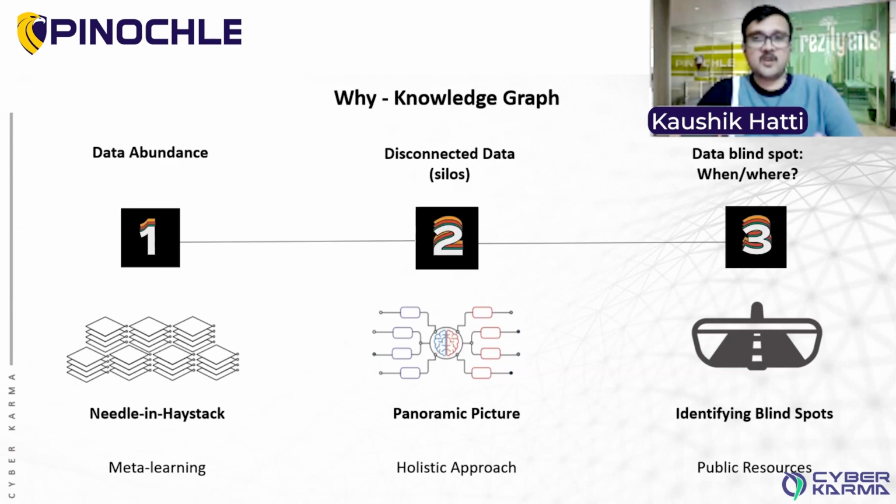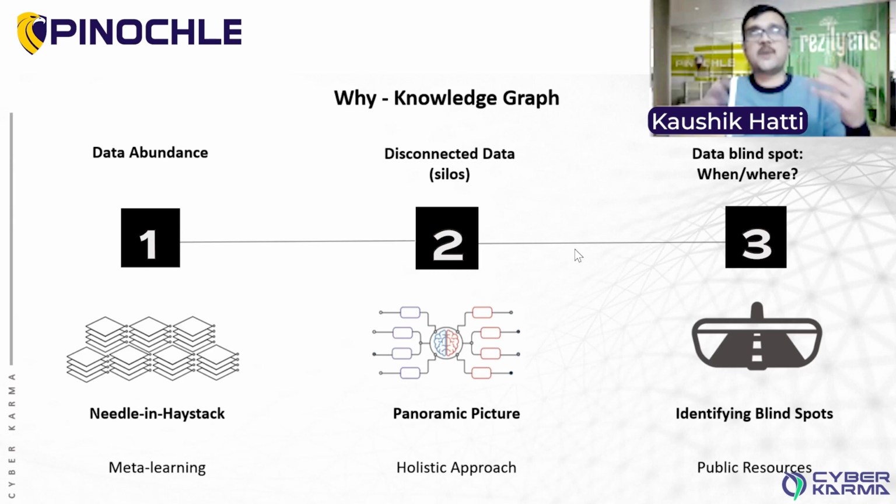For example, you have terabytes of data coming from network logs, endpoint detections, and so forth. But then how exactly can you get to the problem quickly? That can be addressed with knowledge graphs. The second is, what often happens is you have too much data coming from various sources, but they don't speak to each other.